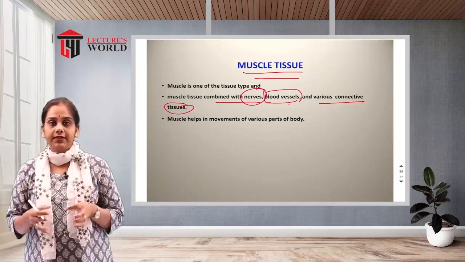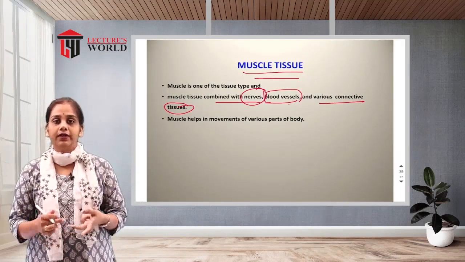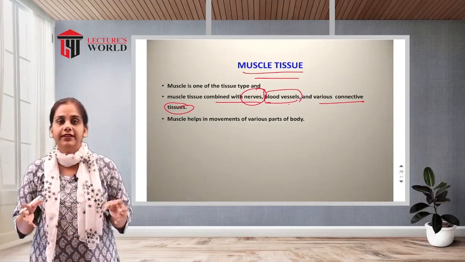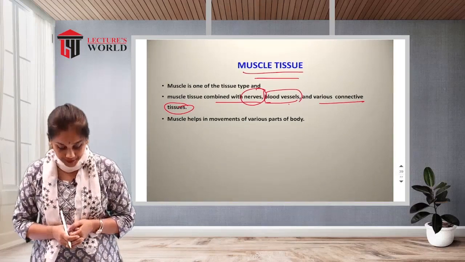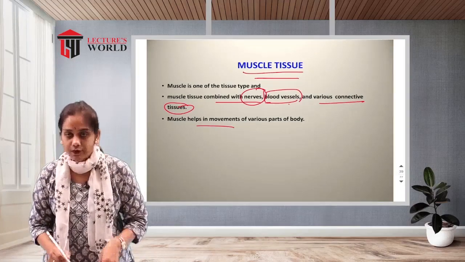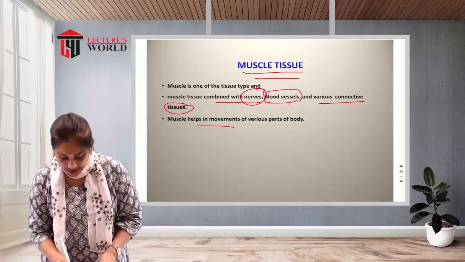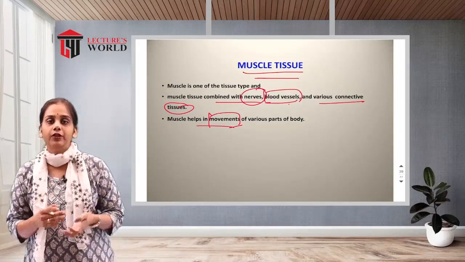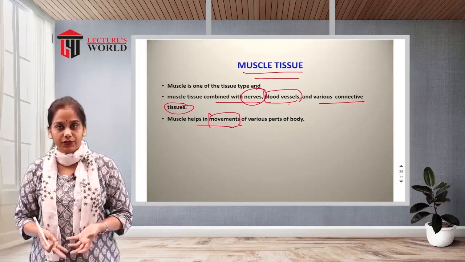Muscles help in the movement of the various parts of the body. So the basic function of muscle tissue is movement of body parts.